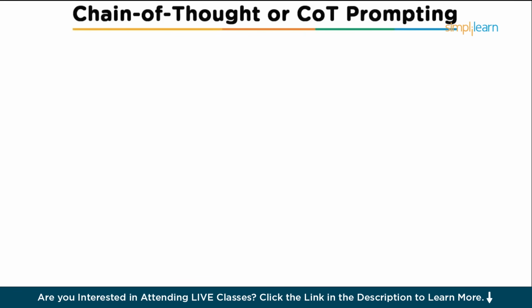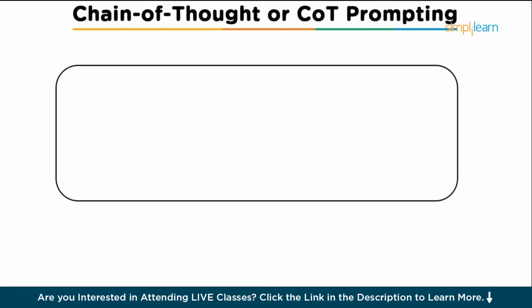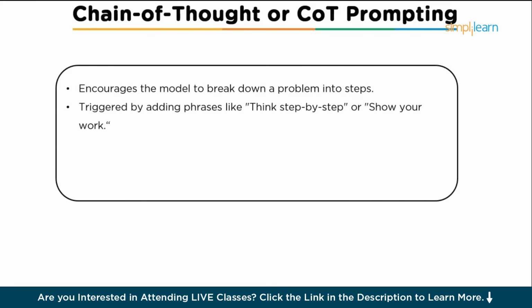Chain of thought, or CoT, prompting is a powerful technique that encourages the model to break down a problem into logical intermediate steps rather than just providing a direct answer. This is simply triggered by adding phrases like think step by step or show your work to the prompt.